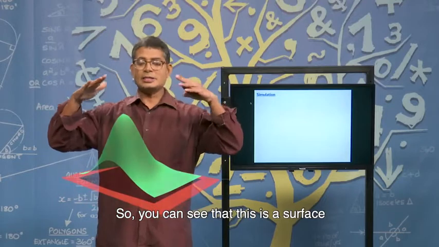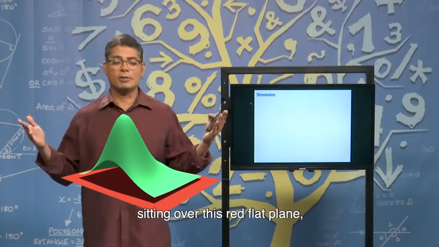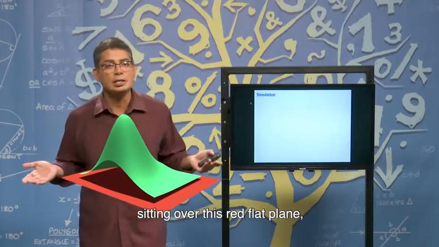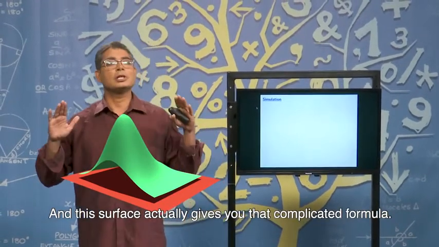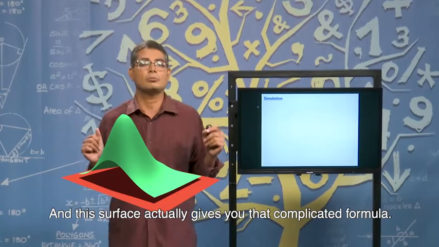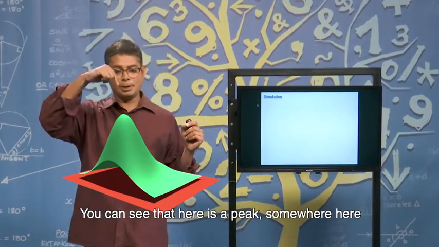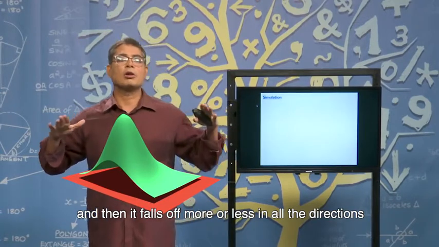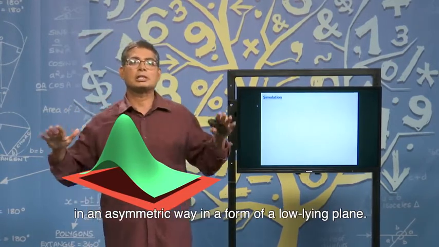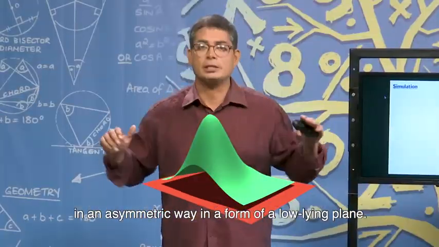So, you can see that this is a surface sitting over this red flat plane, which is the parameter space, and this surface actually gives you that complicated formula. You can see that here is a peak somewhere here, and then it falls off more or less in all the directions in an asymmetric way in the form of a low lying plane.